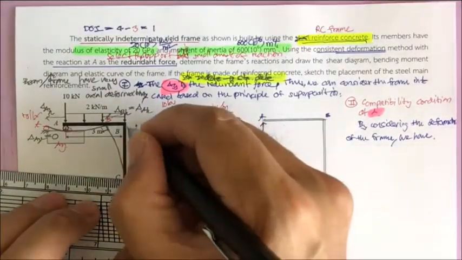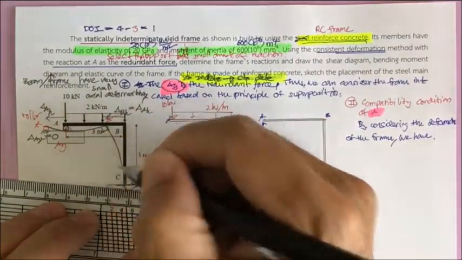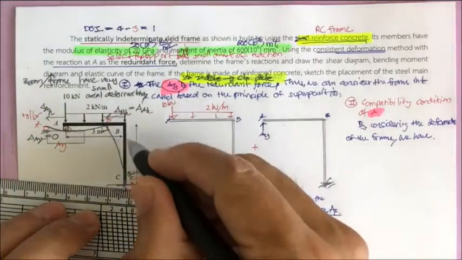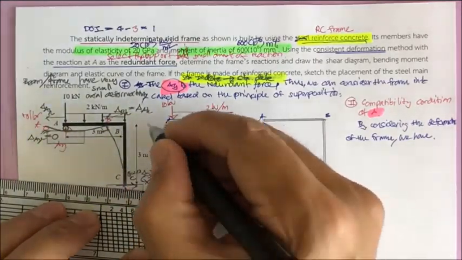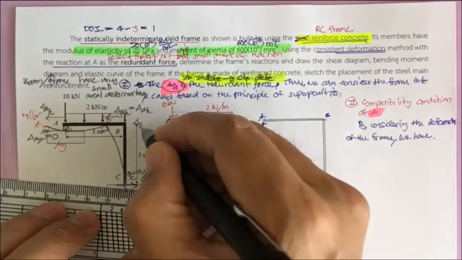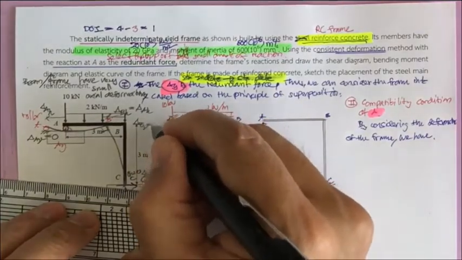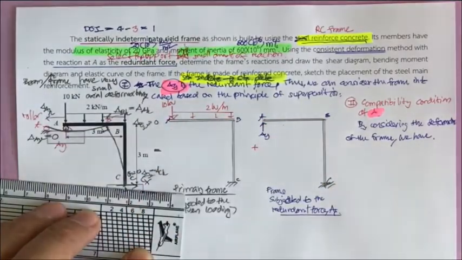And also, since there is no shortening or axial deformation of the column BC, the delta B vertical equals 0.